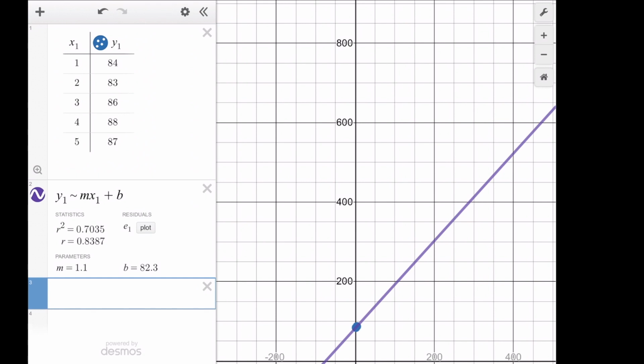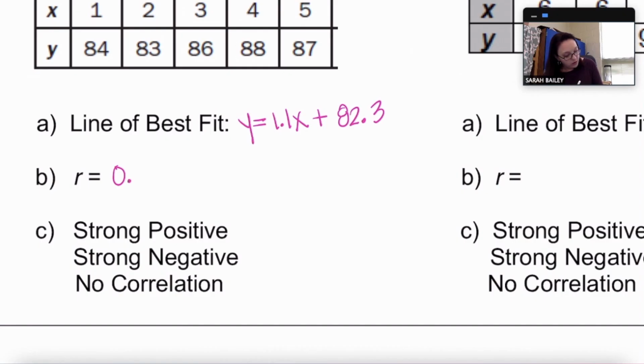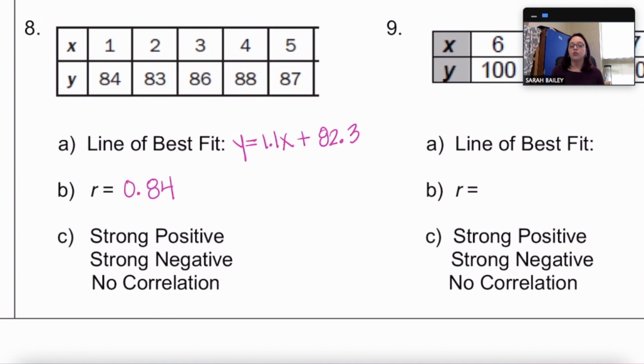So my r is going to be 0.84. So what does that mean? Is this going to be a strong positive, strong negative, or no correlation? Well, this value would be closer to 1. So we would say strong positive. So that's number 8. Okay.